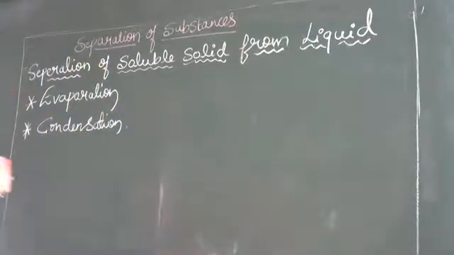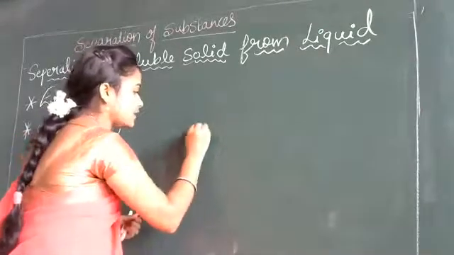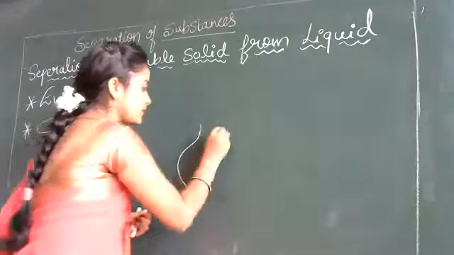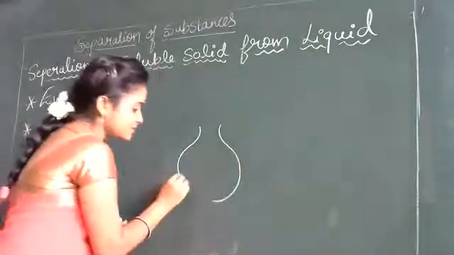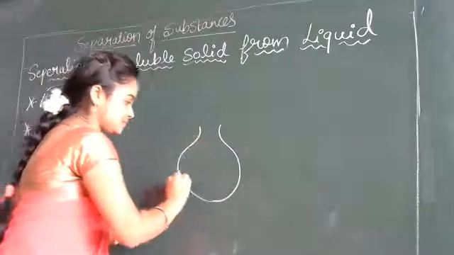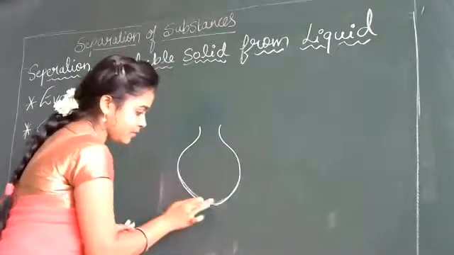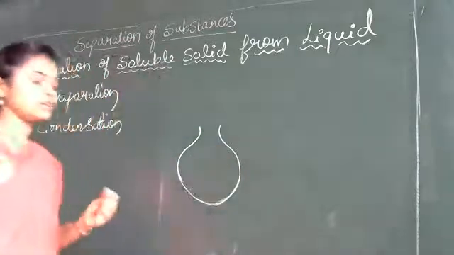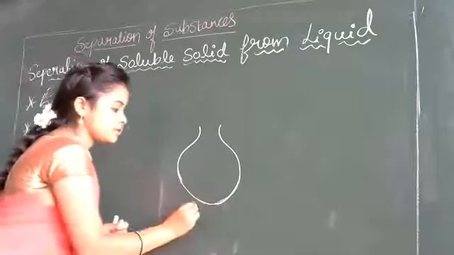Very good. So now again I'll take some other shape of beaker. Okay, I'll take some pot-like shape. Okay, here what am I having? I'm having a round flask. Yes.